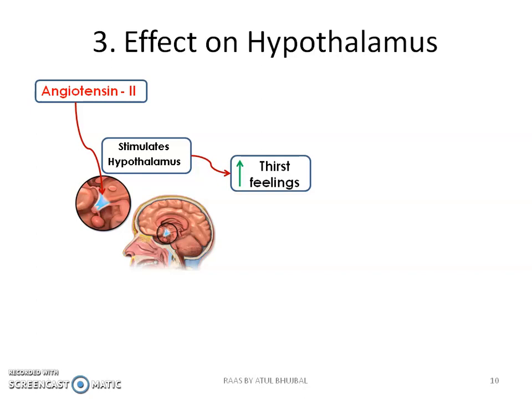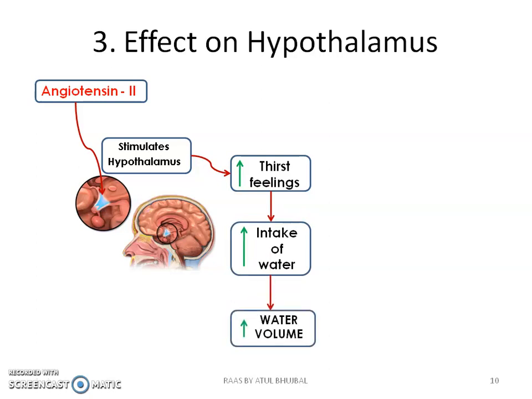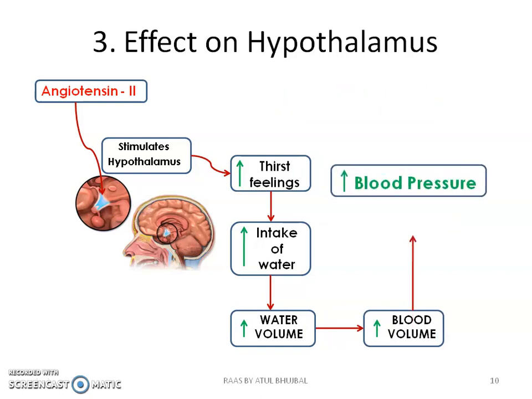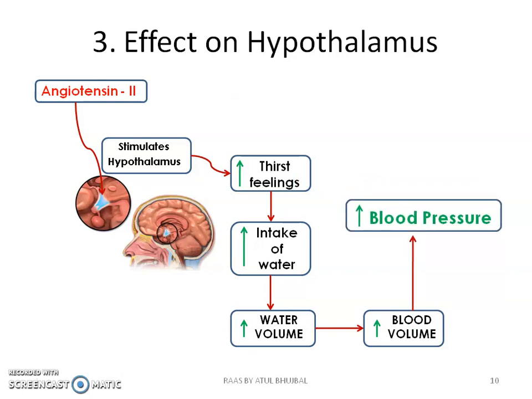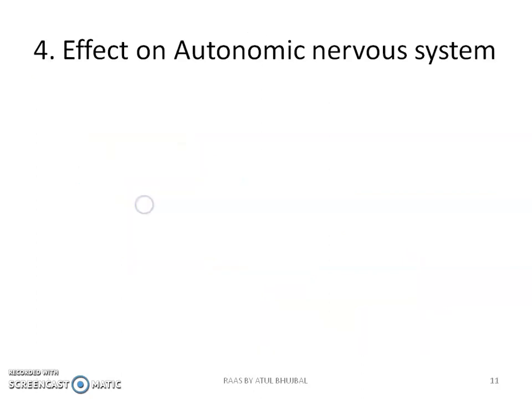Naturally, whenever the thirst feeling increases, our water intake always increases. So increased intake of water is responsible for increased water volume. Increased water volume means increased blood volume, and this blood volume increases the blood pressure. In this way, angiotensin 2 acts on the hypothalamus and increases the blood pressure.